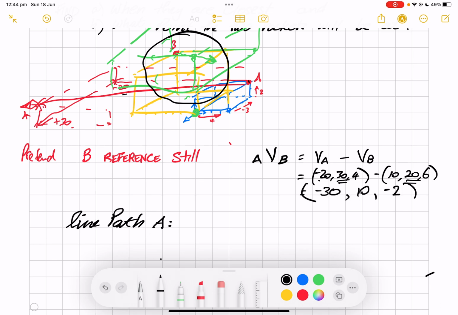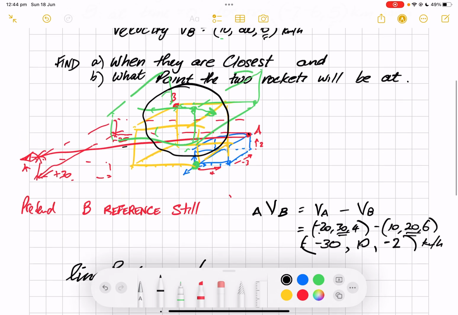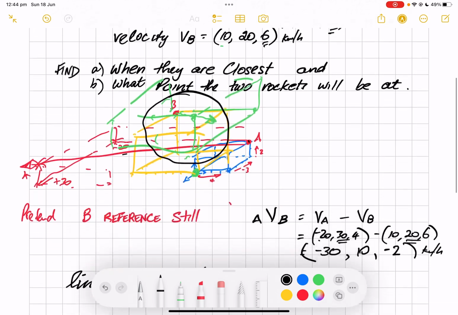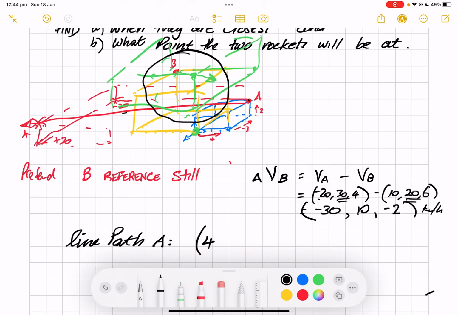And that line will be, at any point in time, because that's kilometers per hour, it'll start at a coordinate of 4, -3, 2, right? So A starts at 4, and then it goes back 30 for every t, for every hour.